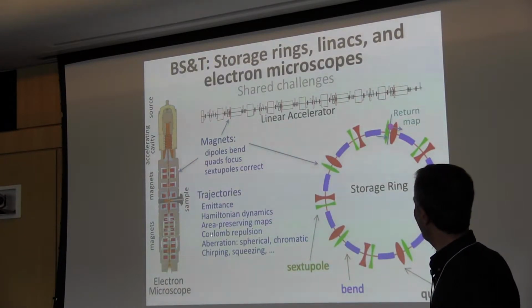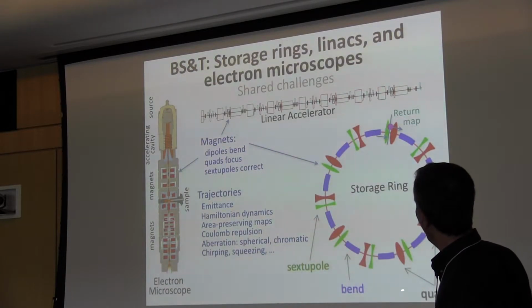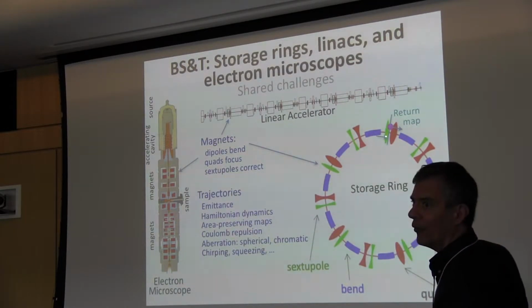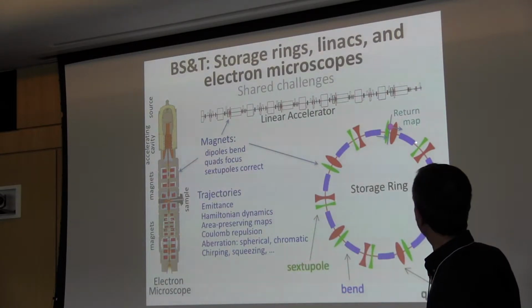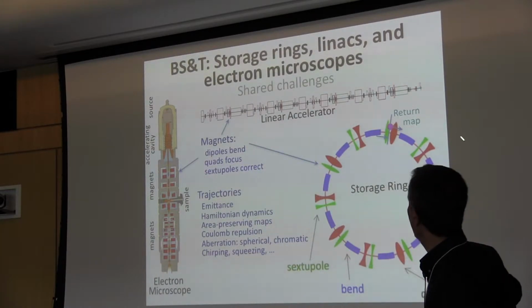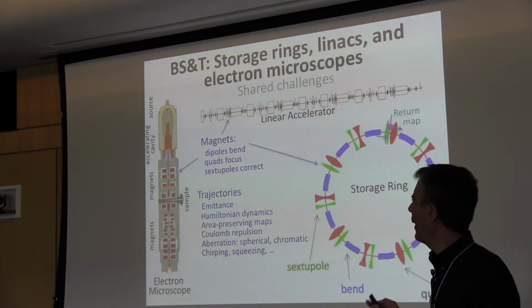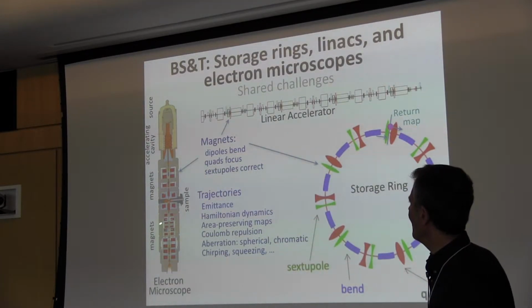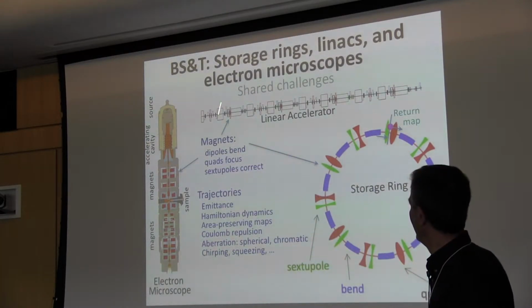I'll tell you a little bit about that, but roughly speaking, if you take a particle, watch it cross a point in the ring, wait for it to go all the way around and watch it cross again, that gives you a map where the position and momentum of the particle as it crosses the first time determines the position and velocity as it crosses the second time. And that will turn out to be a map that preserves phase space area, position and velocity area.